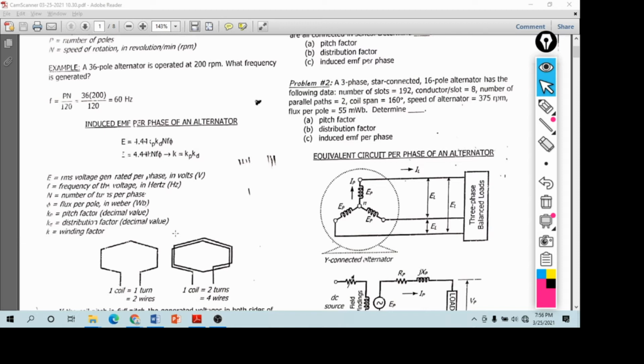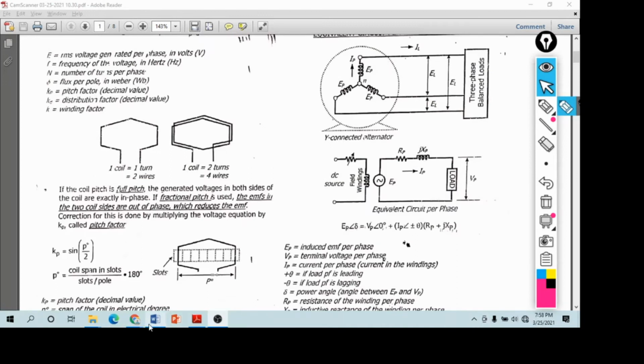It is unitless, no? Unitless. And K is winding factor. So if ever you are going to use the second formula, you are going to multiply the Kp Kd, and that will become the winding factor. Okay, so let's proceed to the winding construction.